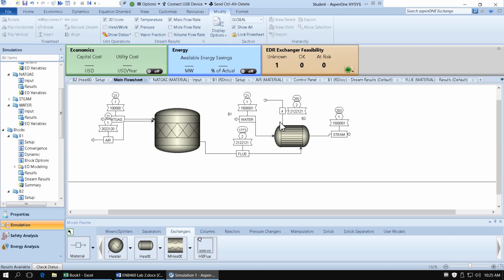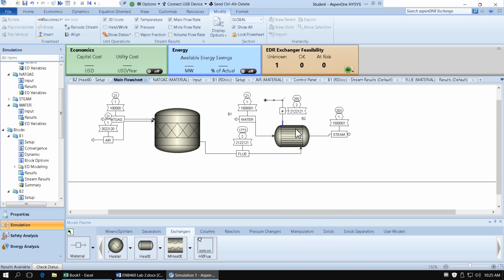All right, so as specified, we have 202.83 degrees Celsius of steam. And then we see our flue gas has cooled from 1773 to 292. Okay, and now we can fill up the second table for flue gas exiting boiler, which is this.